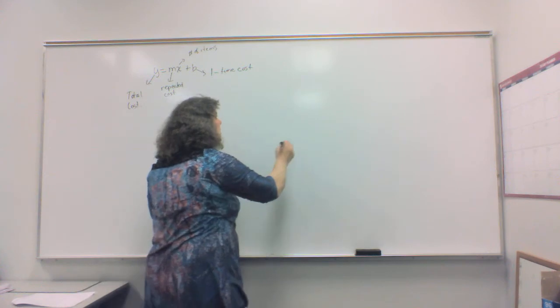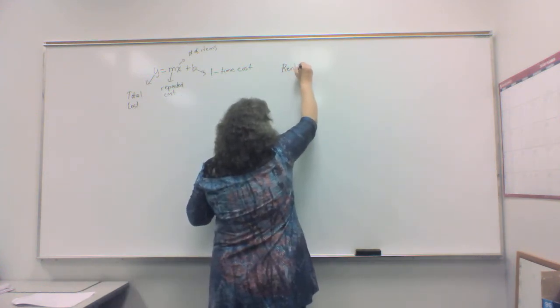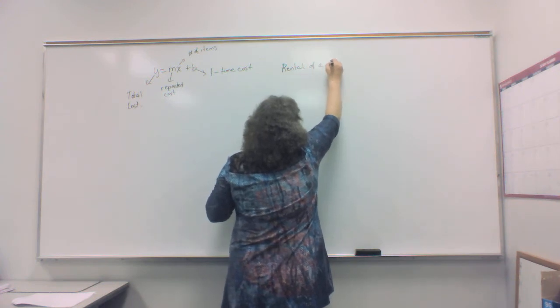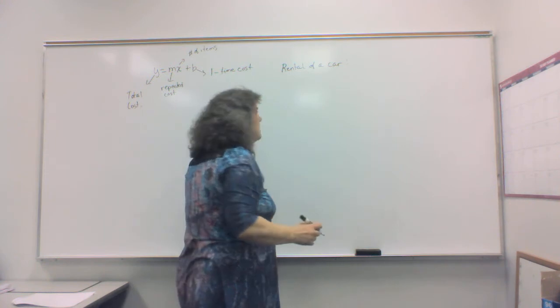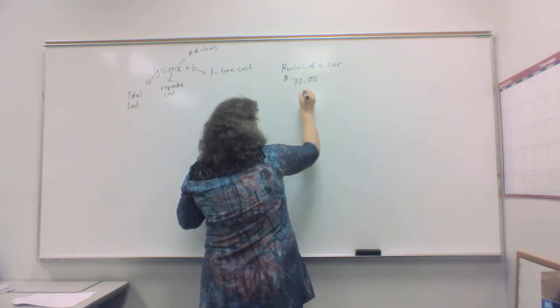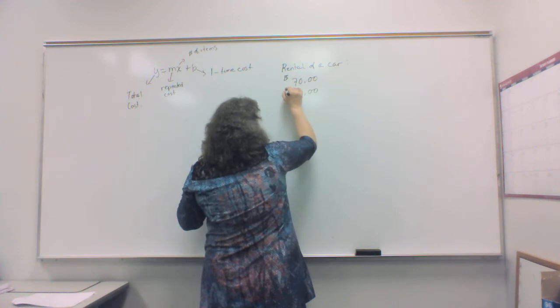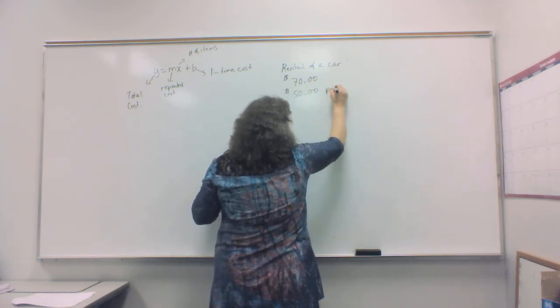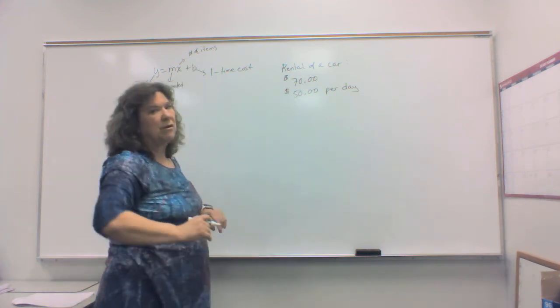Now, let's look at a problem. Rental of a car. You call the dealer. The dealer says you have an upfront cost of $70. And then you're going to pay $50 per day for every day you rent the car.